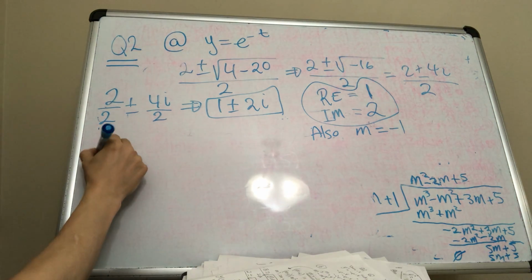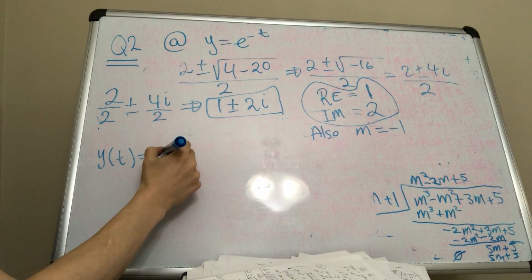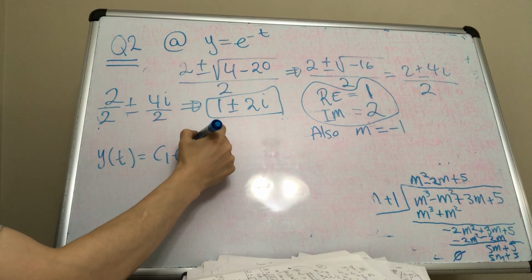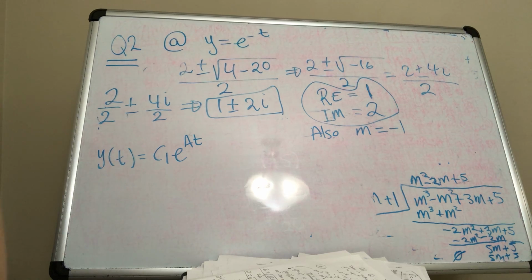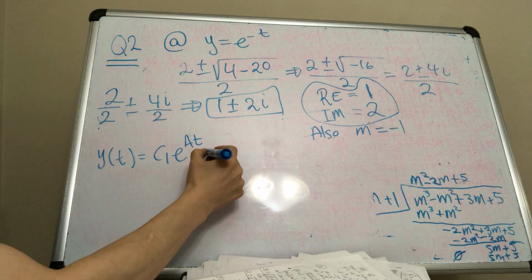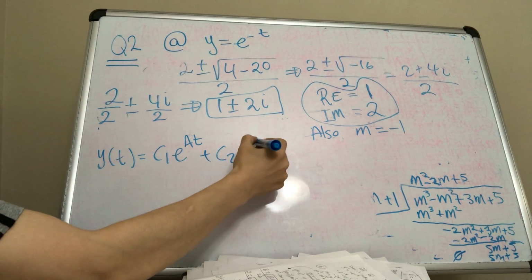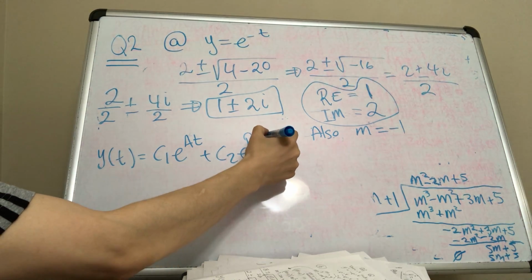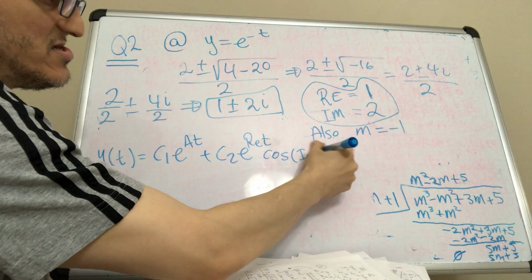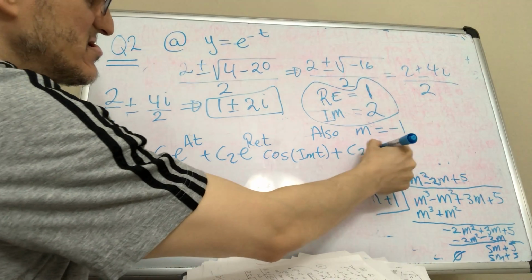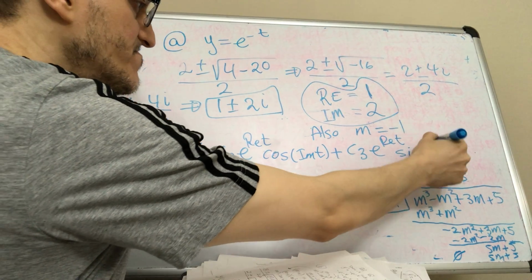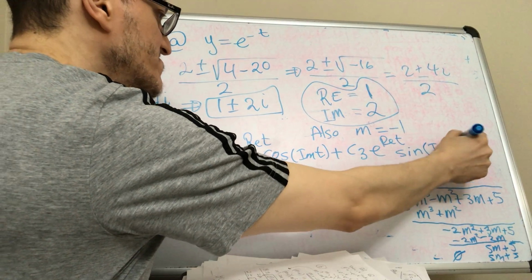So the solution for y of t would be C1 e to the real answer t, which is the answer that we got by itself, and C2 e to the real t, cosine imaginary t, plus another constant e to the real t, sine imaginary t.